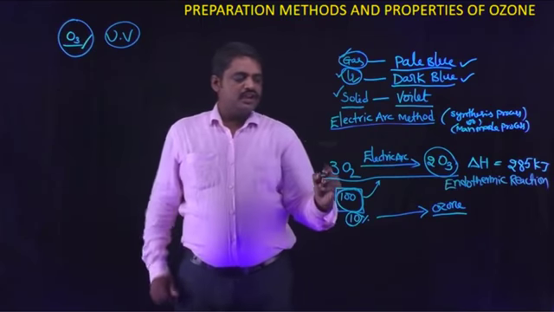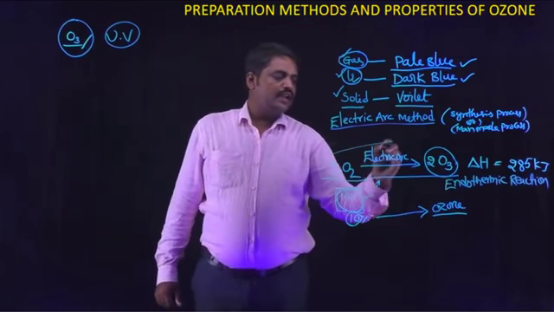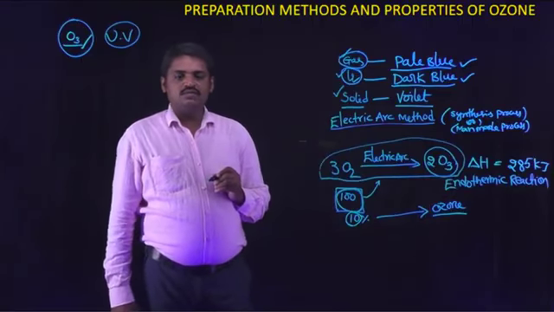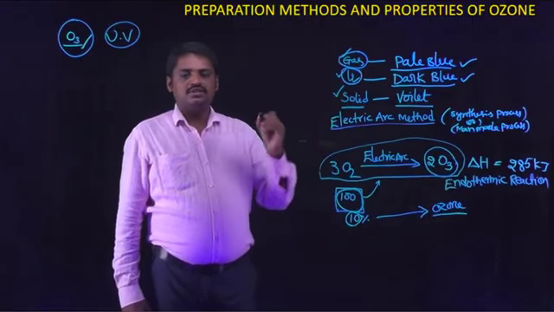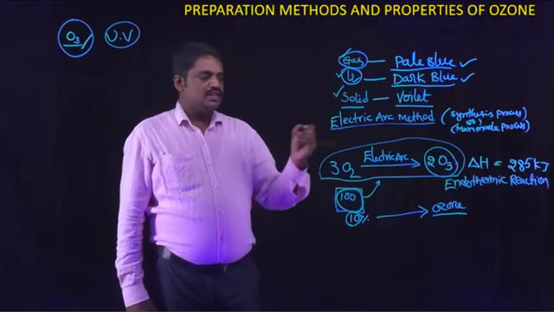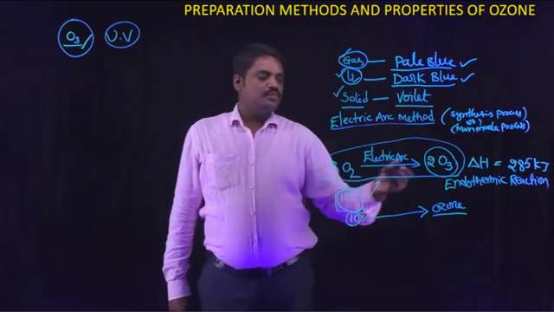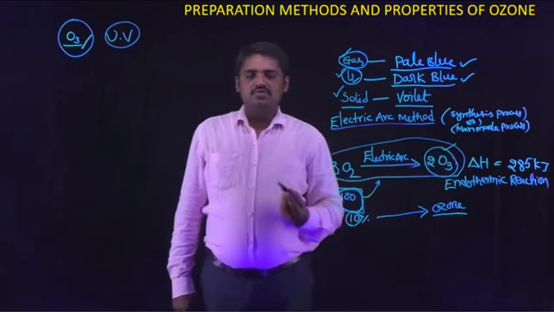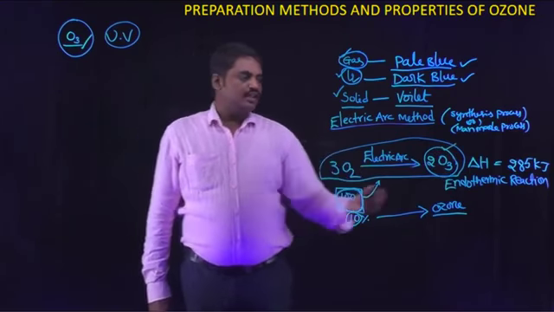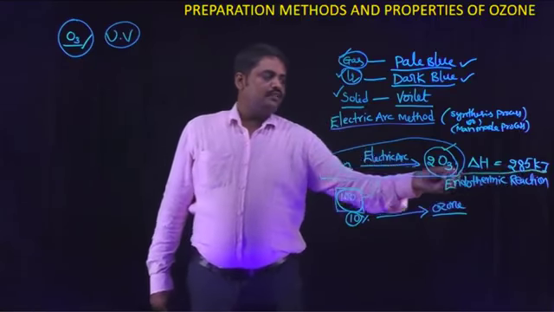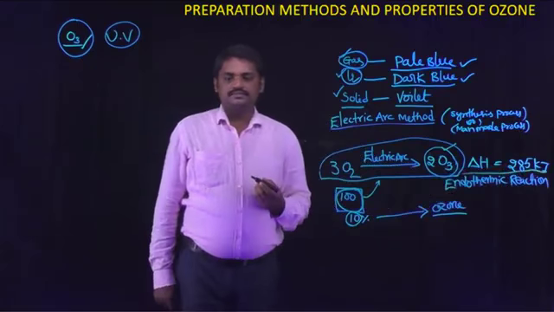Generally, in a simple reaction, 3 moles of dioxygen are converted to 2 moles of ozone in the presence of an electric arc. In this reaction, the products gain a certain amount of heat, ΔH equal to 285 kilojoules.